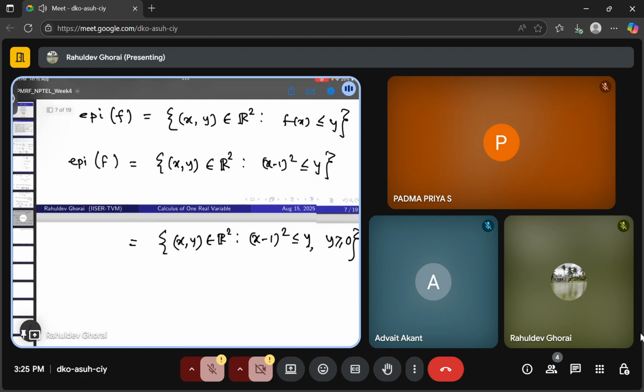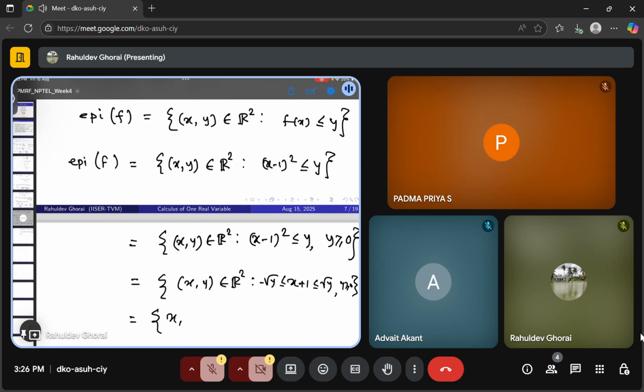These two sets are equal because for negative y, this set will be empty, and (x, y) now belongs to R2 such that x plus 1 is less than or equal to square root y and greater than or equal to minus square root y, where y is greater than or equal to 0.